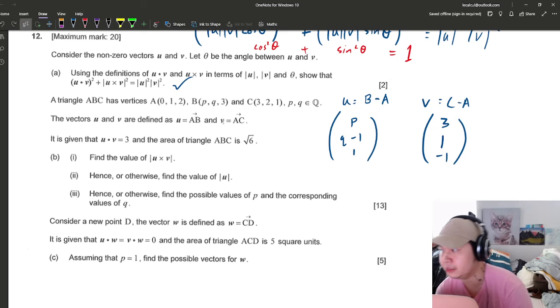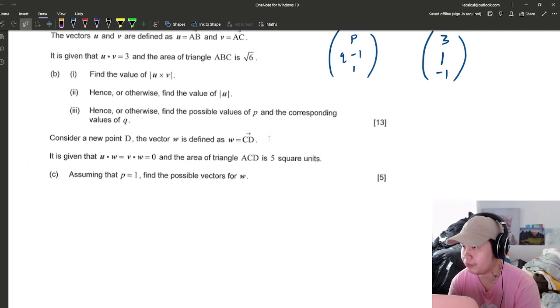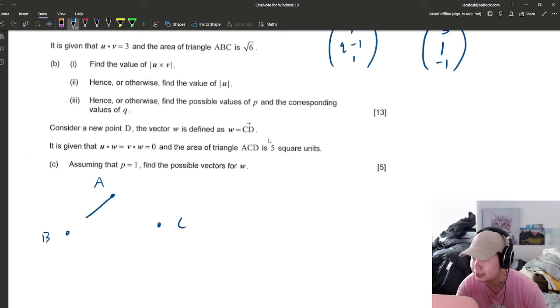Okay, now that that's out of the way, we know u dot v is 3, the area of triangle ABC is root 6, and we want to find the value of the length of u cross v. If you need a visualization, take A, B, C. A to B is vector u, and A to C is vector v.